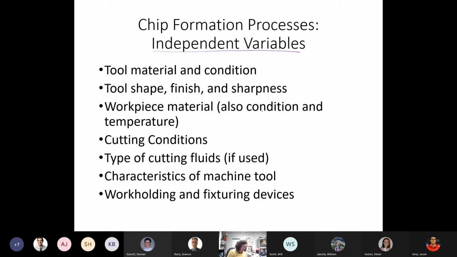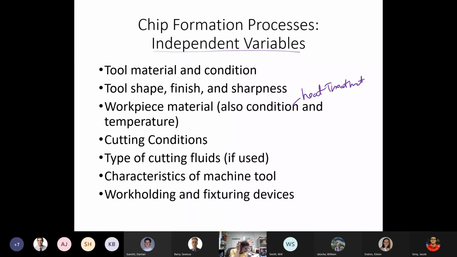So when we talk about condition, we're often looking at heat treatment. And then the temperature: it would be unusual to heat a material just to machine it, but we can control the temperature to some extent.